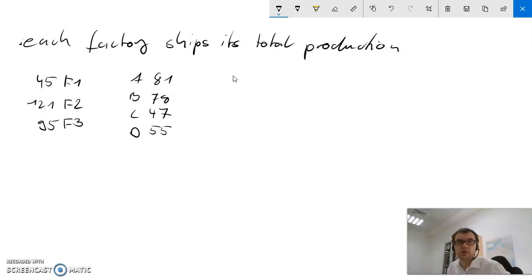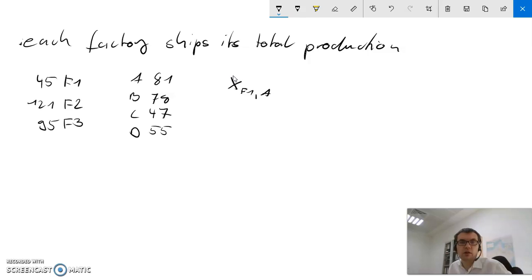Then this constraint that each factory ships its total production has been modeled as follows. We had our decision variables. So if we ship from factory F1, first I model that we want to ship everything that is produced in factory F1.